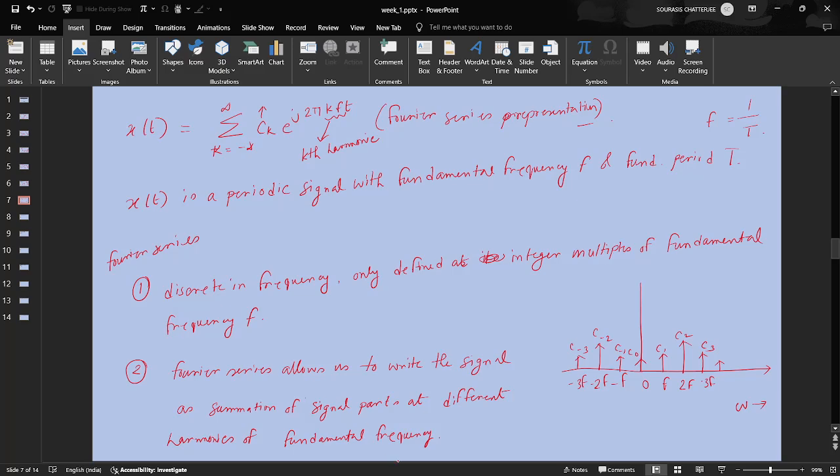Now when I say this term, the signal parts at different harmonics of the fundamental frequency, these are actually called spectral information, we can call. Usually for a periodic signal, it has non-zero coefficients not only at the fundamental frequency but also at the harmonics of them.